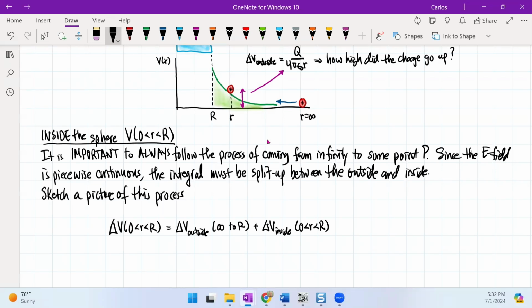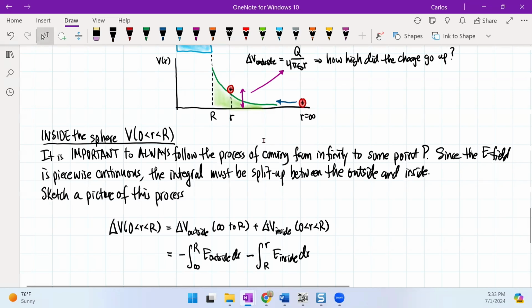So when I start to look at this thing, this really tells me that I'm integrating from infinity to r the electric field outside minus the electric field inside. So that's what I mean by piecewise continuous.